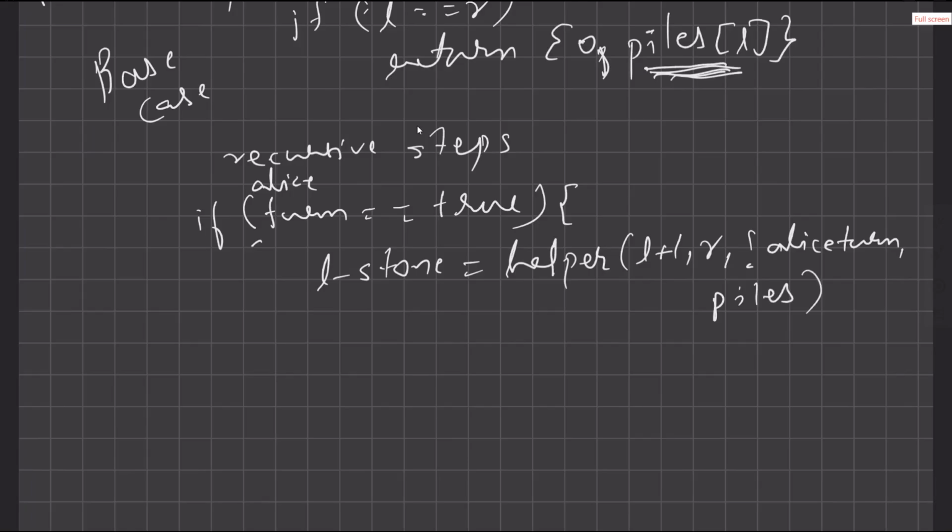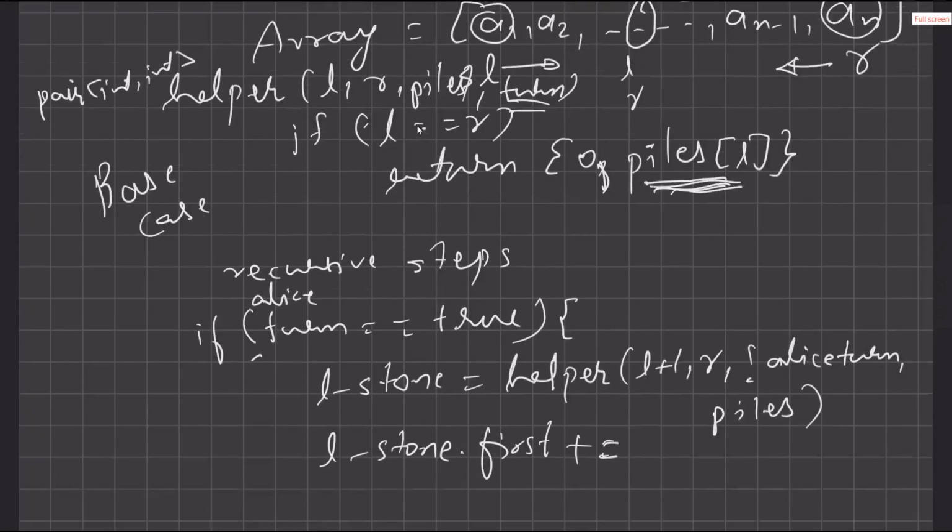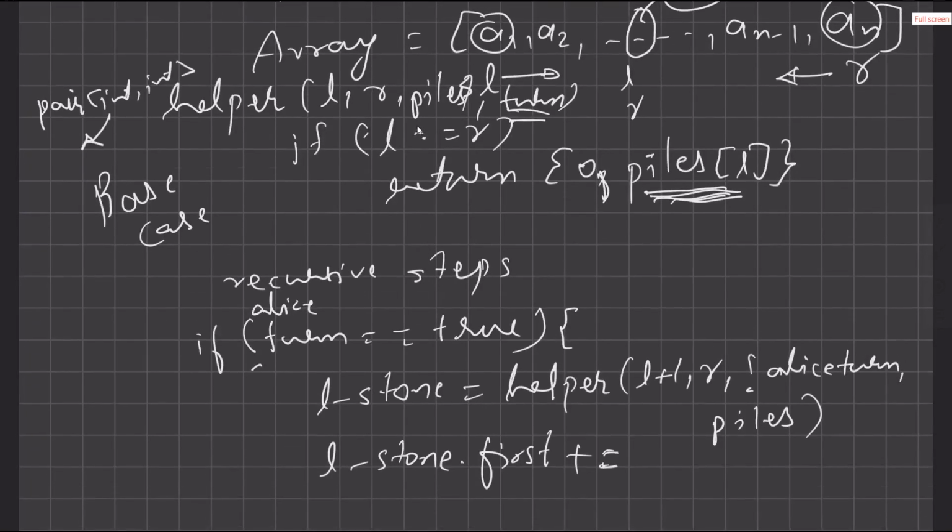Once we have found the number of stones of both Alice and Bob from the recursive function, at this present state you will be adding the piles of stone in the L stone dot first, because in the pair we are returning, the first number of stones belongs to Alice, and the second one belongs to Bob.